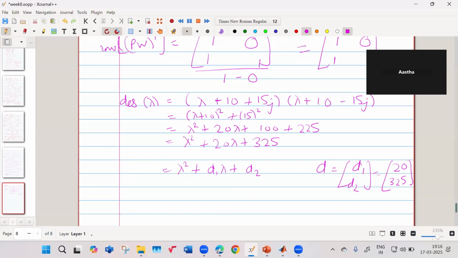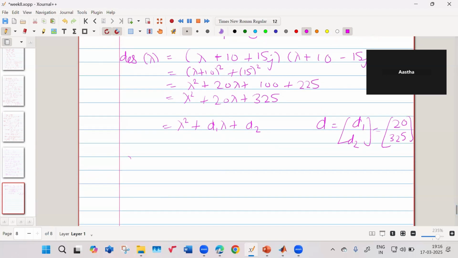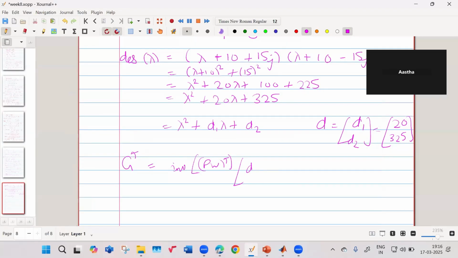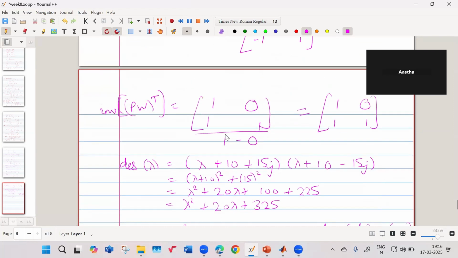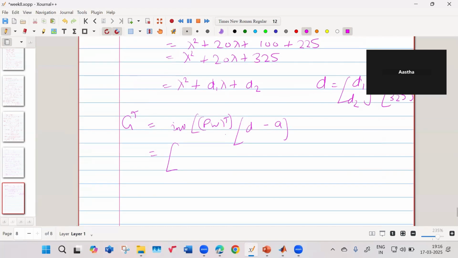Okay. So our gain, the gain which we needed, G transpose, is the inverse of PW transpose into, let me verify, D minus A. D minus A. So what is our inverse of PW transpose which we got? 1 0, 1 1.